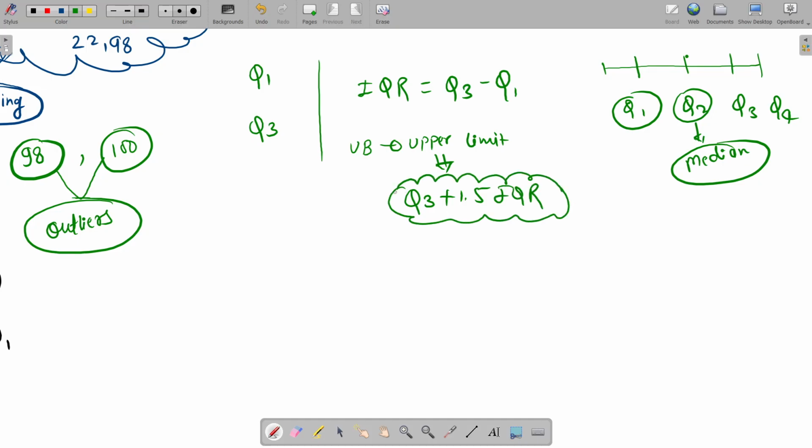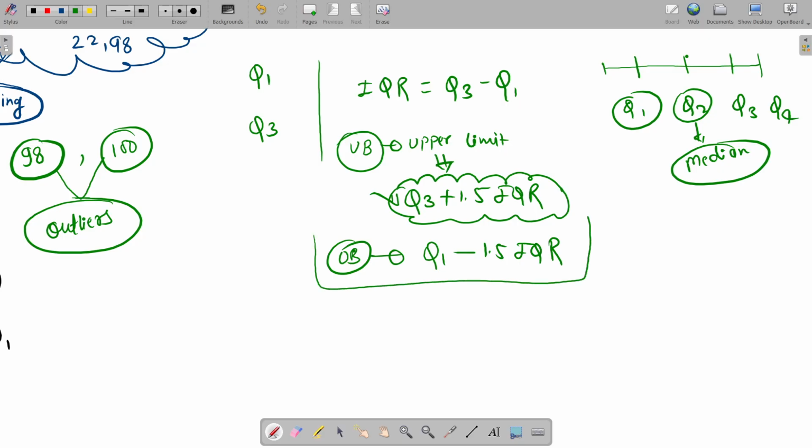By using this formula, we get our upper bound. In the same fashion, we calculate our lower bound with one formula: quartile 1 minus 1.5 times IQR. Lower bound means lower limit.